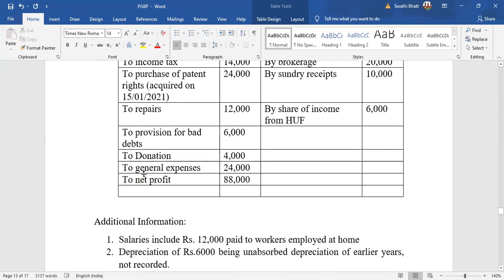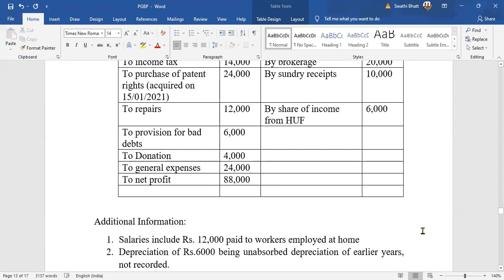The next one is donation. Donation strictly is disallowed. So donation is nowhere connected to the business. This person doing this business might be a very good human being and he wants to do some donation. So he's donated some money and he showed it as his business expense.